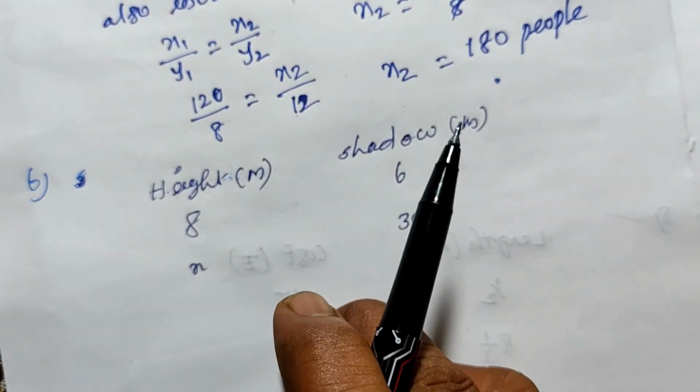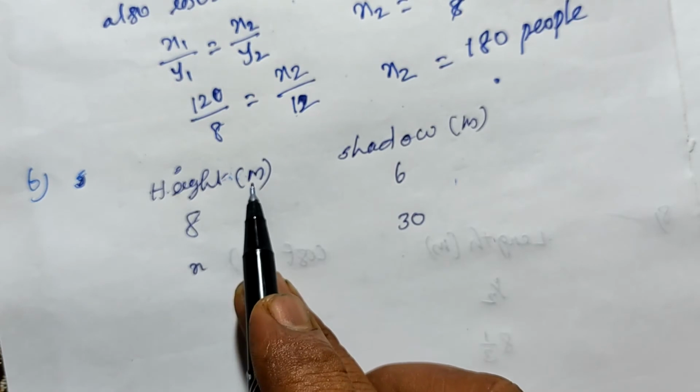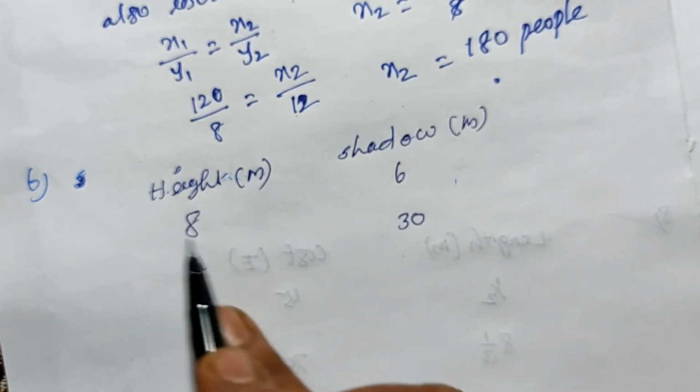So what is that? Height equal to 8 meter, the normal height.